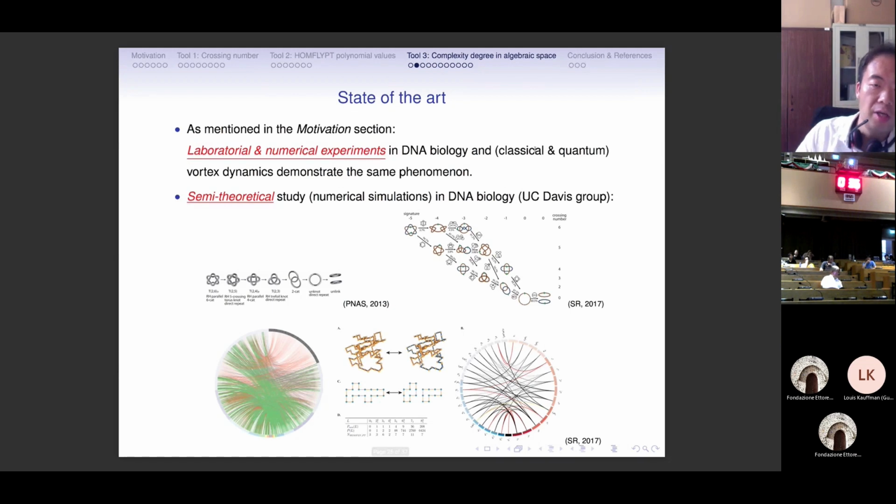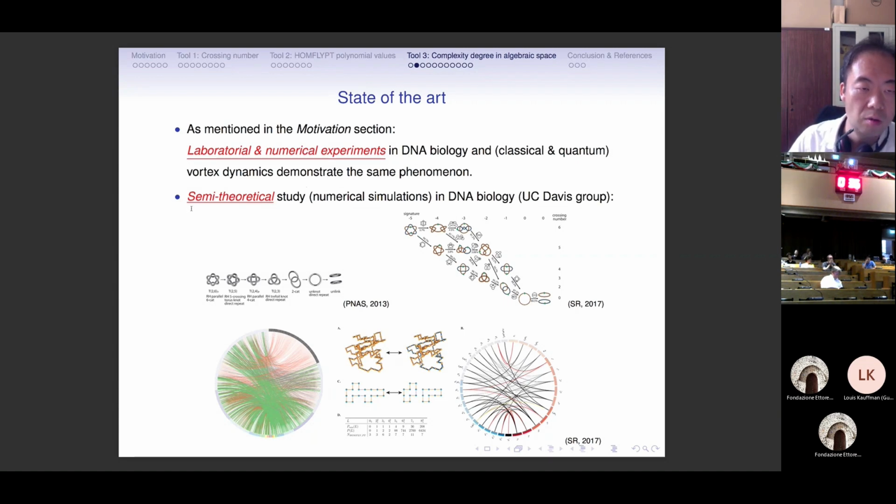Okay, as I mentioned in the motivation section, in laboratory and numerical experiments, in DNA biology and vortex dynamics, different disciplines have the same phenomenon in common. But those are just experimental observations, not theoretical study.